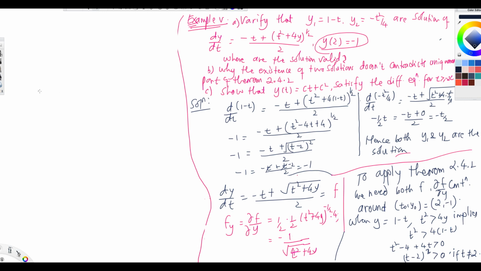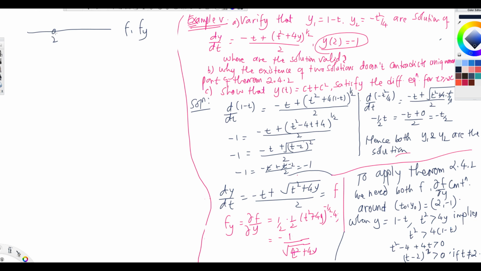So you can draw a line, and there is positive 2 there. Both f and f sub y are continuous except at 2. They are continuous on this side and continuous on this side, but not continuous here, right?